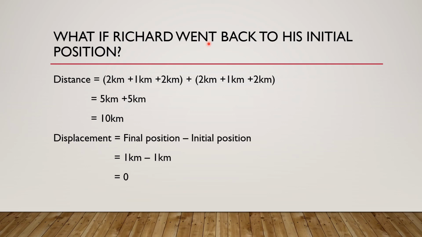Tatandaan na kapag halimbawa sa problem may nakita na back to his initial position, ang displacement ay laging 0 kasi bumalik na siya doon sa kanyang position na iyon. Okay? May tanong doon, sana wala. Basta pag back to his initial position, ang displacement ay 0. Kapag hindi naman, ma-minus mo lang sa initial position mo, which is laging 0 pag hindi bumabalik. Okay? Next.